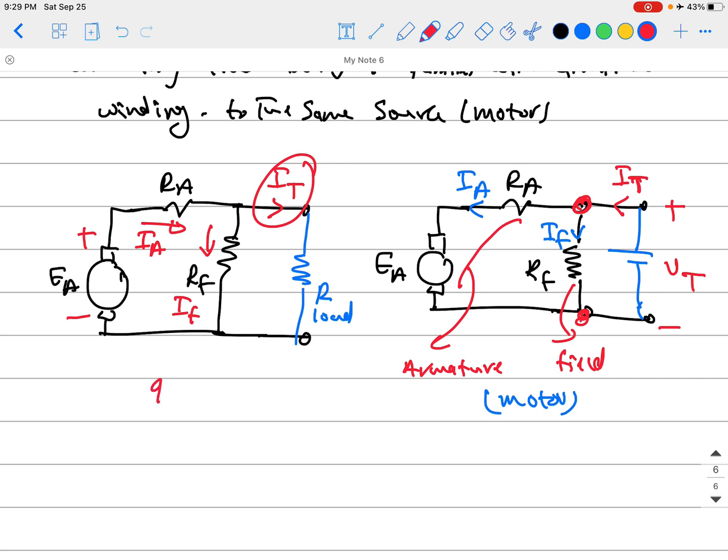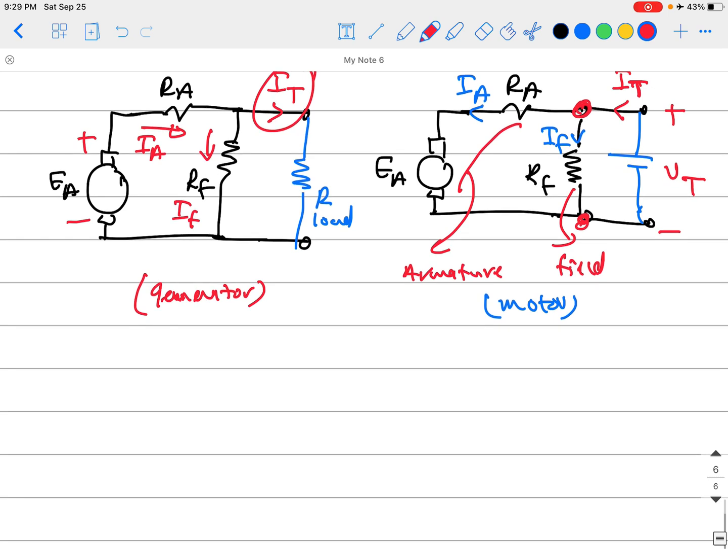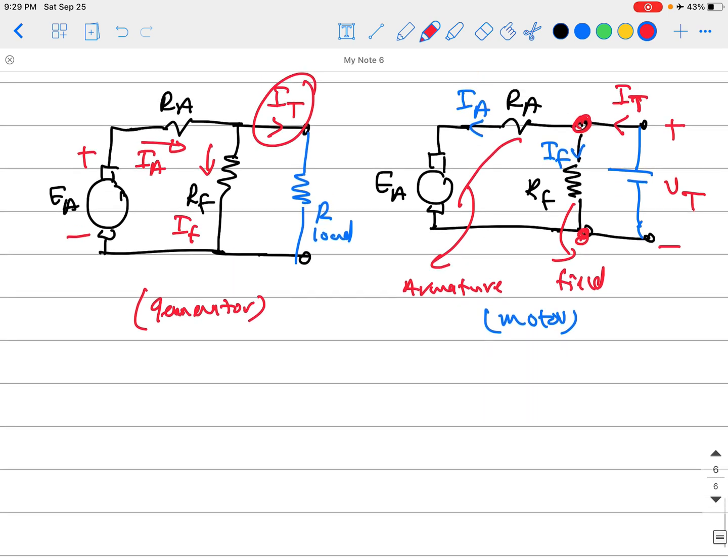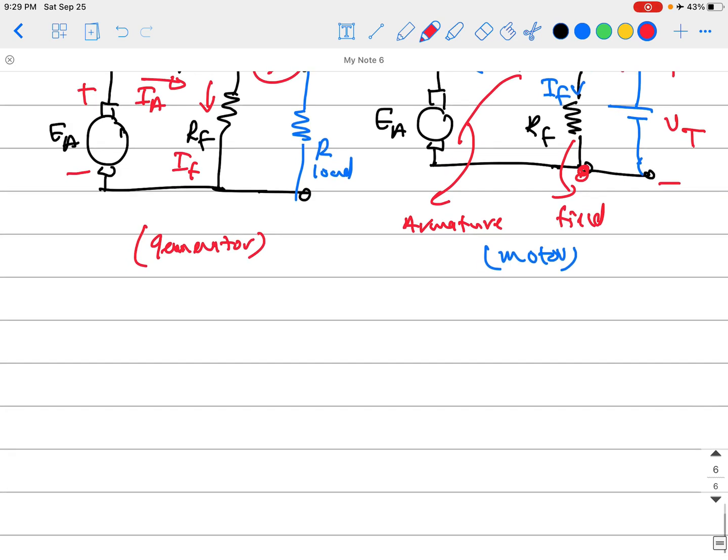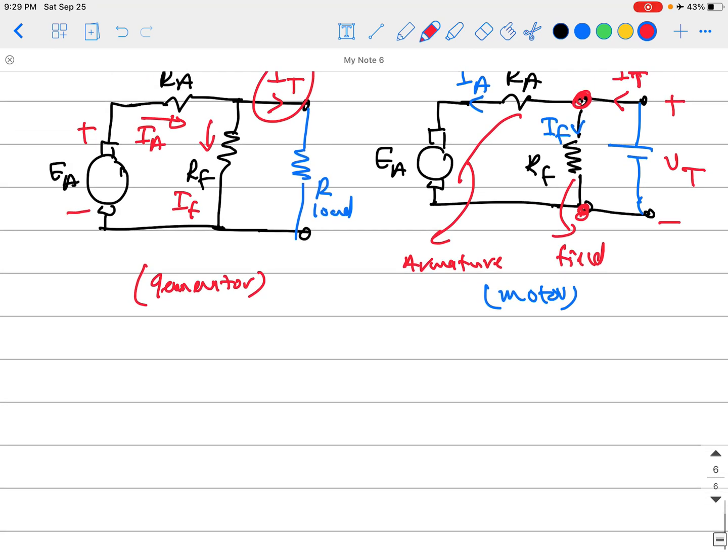So the amount of voltage getting out of the machine will go to the load to supply electricity like a generator, but at the same time some of it will be applied to the field winding to create the current and the field. Okay, guys? So that's the whole point here. Now you have the field winding and the armature winding connected together like this, parallel to each other. Okay?